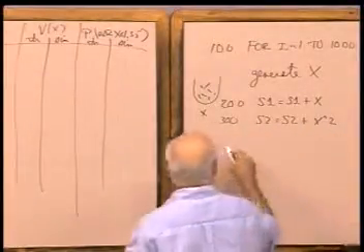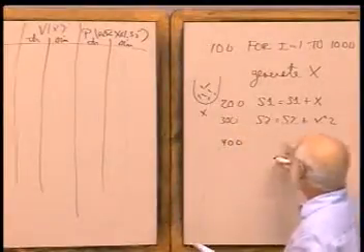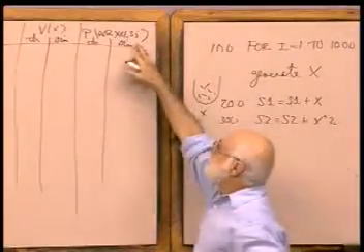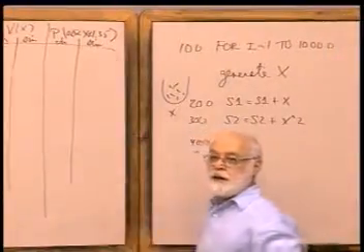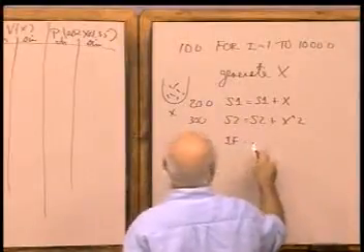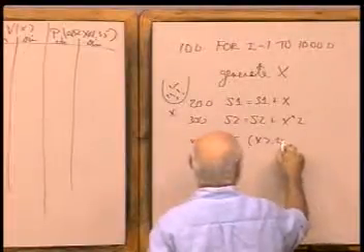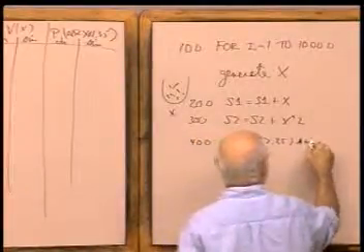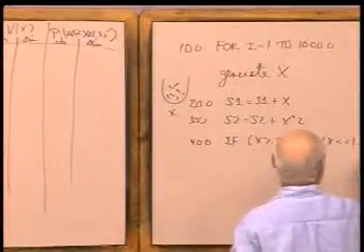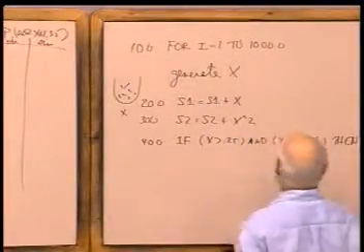Then the next step asks me to calculate the probability the way it was given. It calculates the probability that X is greater than a half. But the problem asks you to calculate the probability that X lies in this region. So that means that what I would do is something like this. I'd say if X is greater than 2.5 and X is less than or equal to 1.35, then C equals C plus 1.